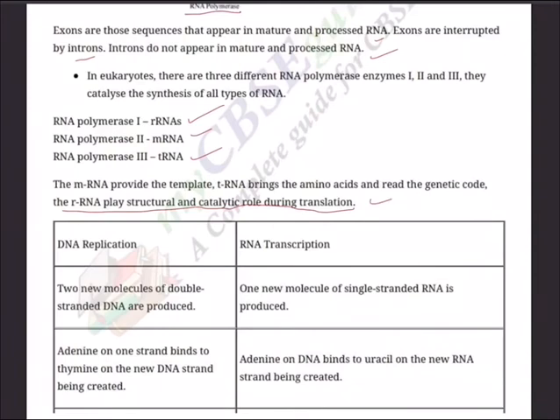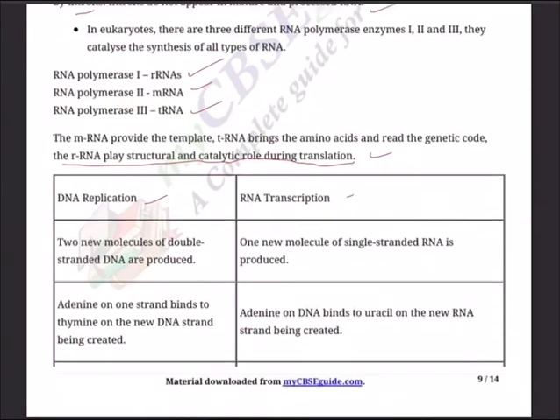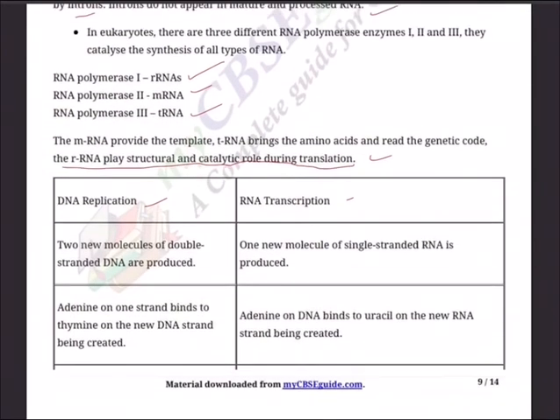So what are the differences between DNA replication and RNA transcription? In DNA replication, 2 new molecules of double-stranded DNA are produced. In transcription, only one new molecule of single-stranded RNA, that is mRNA, is produced. Adenine on one strand binds to thymine on the new DNA strand being created.